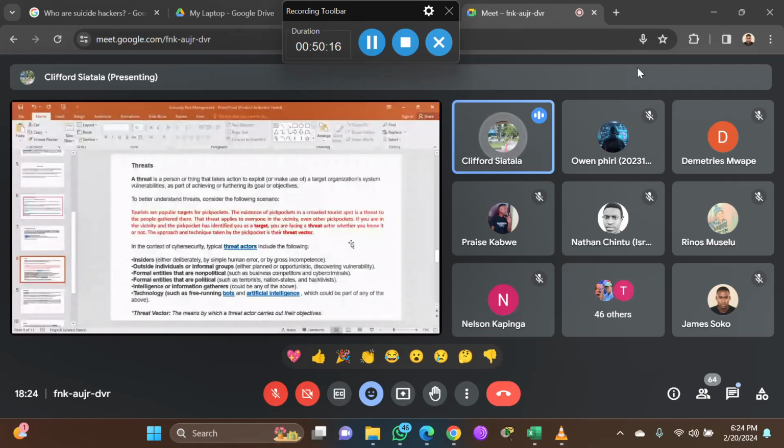Sometimes you find that you develop software in that organization, and an insider who is a developer, a programmer, creates a program and opens doors in that program, deliberately or sometimes simply by error, not knowing. It is your job to identify some of those as risks and mitigate.